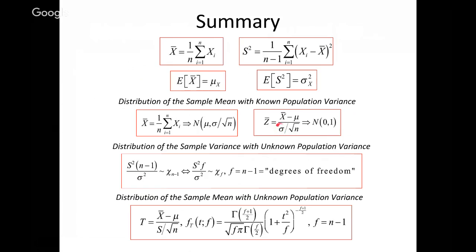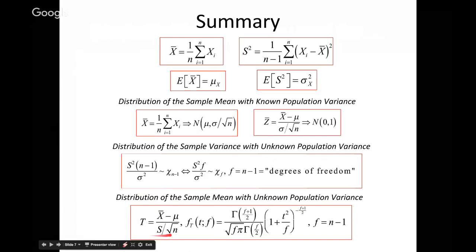Well, this was the case when we knew the population variance. Now we don't know the population variance, so we construct exactly the same statistic, except we substitute the sample standard deviation for the population standard deviation. So we basically replace sigma with s.